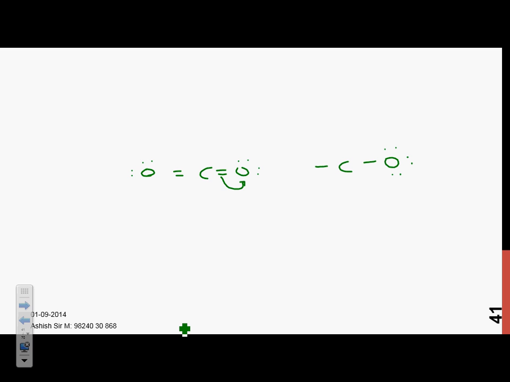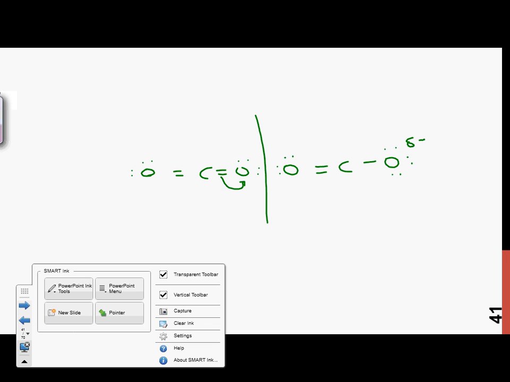And what about the other? Here, this oxygen is like this, correct? Now, oxygen has pulled the electron towards itself, so it will develop partial negative charge. I'm saying partial negative charge, that's wrong. Actually, not partial negative charge.